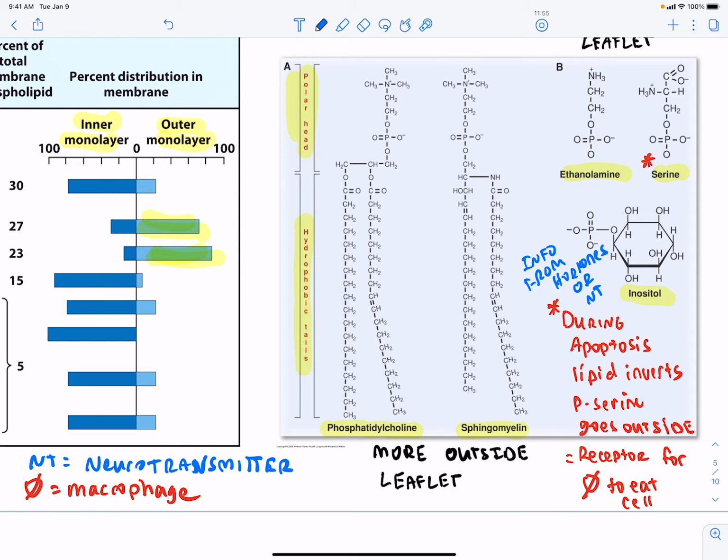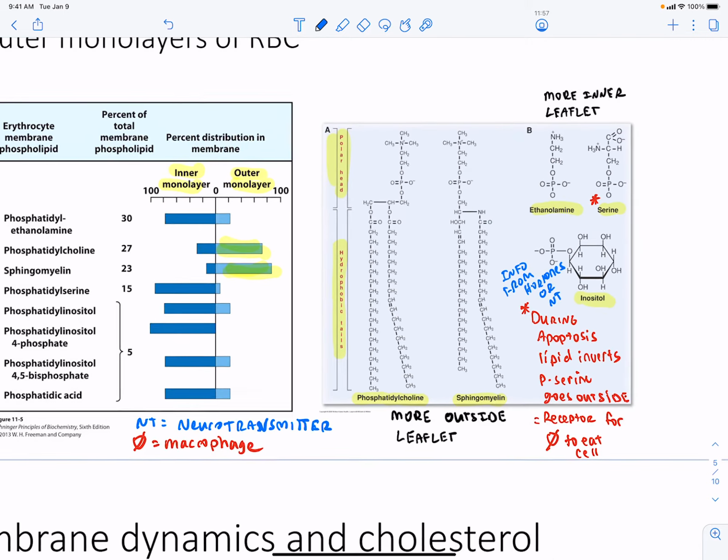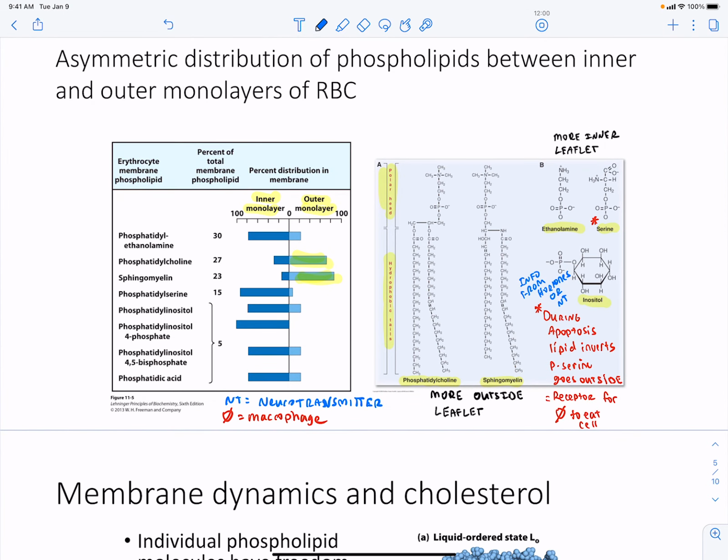Basically it's important to understand those different properties of the different phospholipids that you find in your cell membrane.